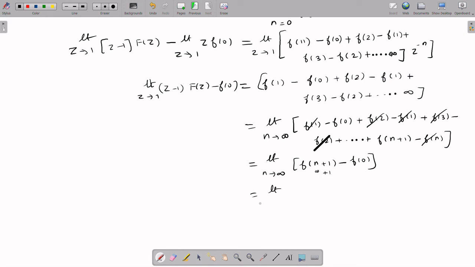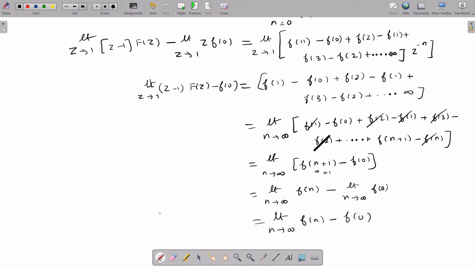So we rewrite this as limit n tending to infinity of f of n, minus, there is no n term here. So limit n tending to infinity of f of 0 is just f of 0. So limit n tending to infinity f of n minus f of 0.